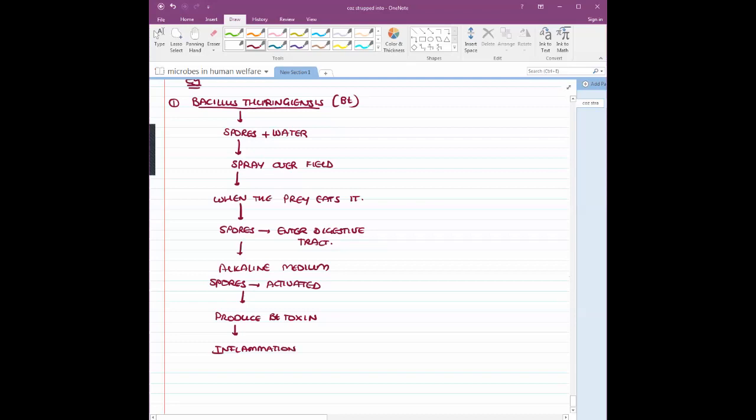Okay, so inflammation of intestines, and then this is going to result in vomiting, discomfort, excessive pain, and ultimately the death of the organism this way. So it results in the death of your prey, whether it is your grasshopper or any kind of your moth, whoever eats it, immediately this is going to die.